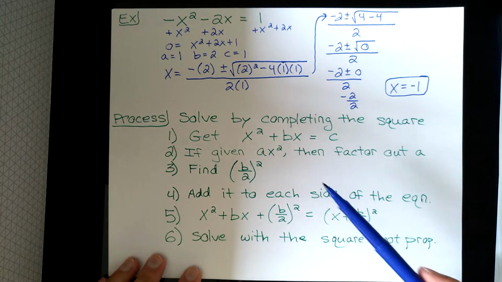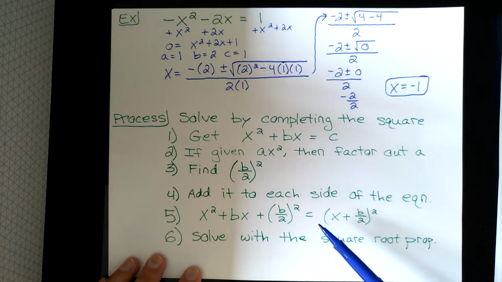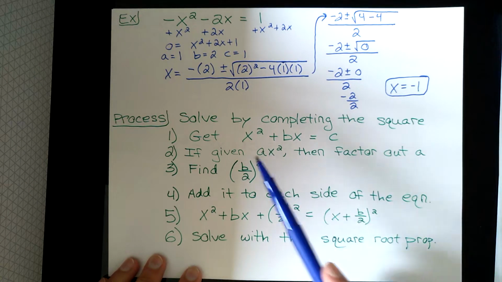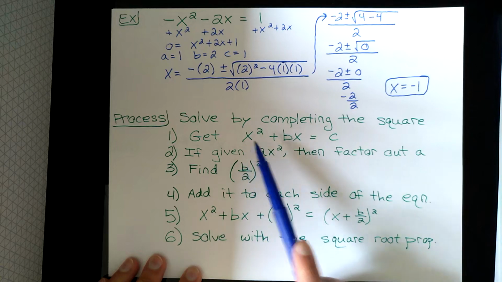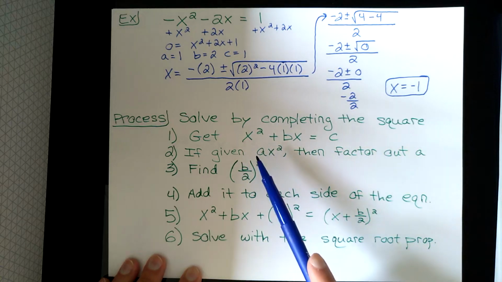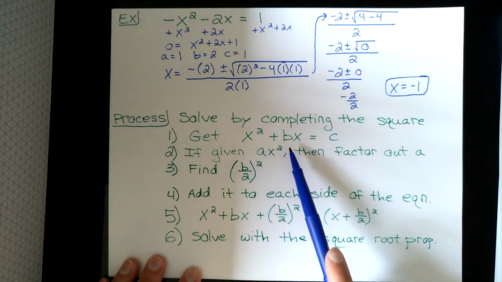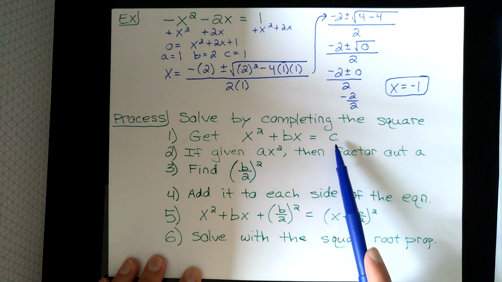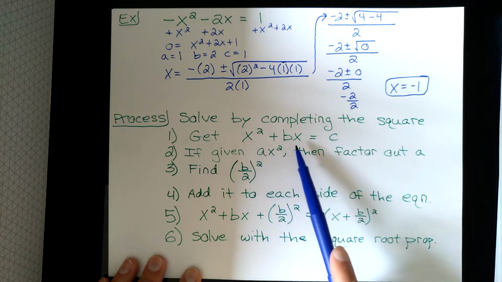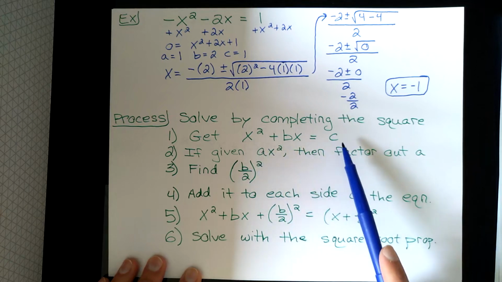So it is important to know how to go through this process. So to begin with, to solve by completing the square, the first thing that we have to do is get x squared plus bx equal to c, meaning we need x squared plus bx on one side of the equation, and then we need the constant value on the other side.